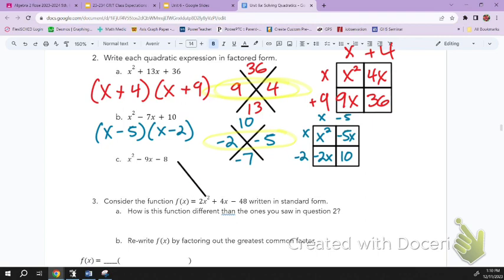Maybe you started C and you're trying to work on C right now. I got negative 8 in the top and negative 9 in the bottom. What 2 things multiply to give you negative 8, but add to be negative 9?